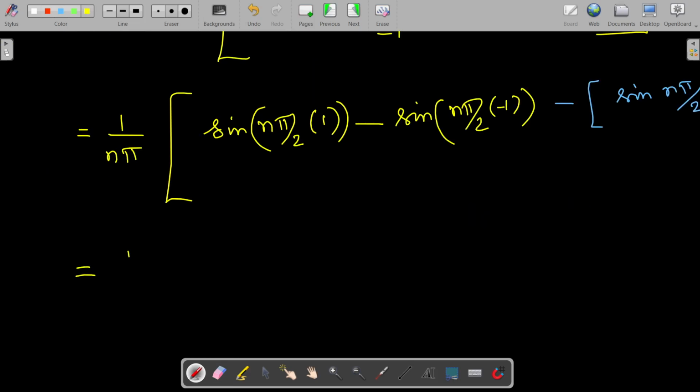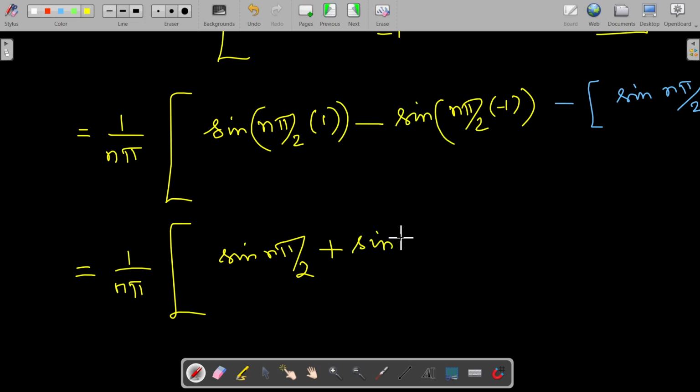So this can be written as 1/(nπ). So this is sine nπ/2. Sine of minus x becomes minus sine x, so it is plus sine nπ/2.